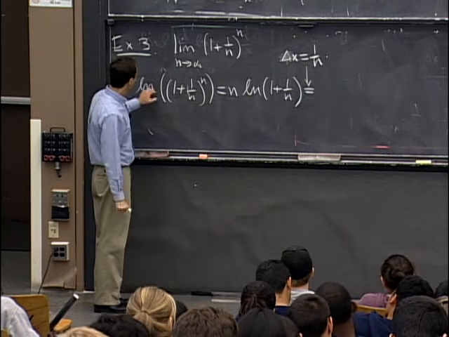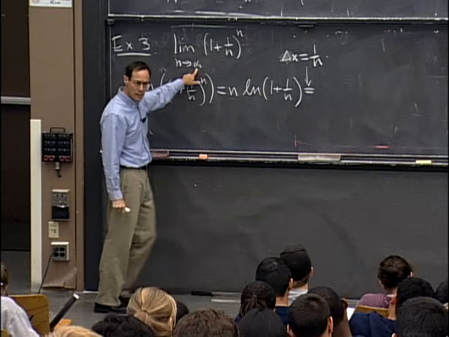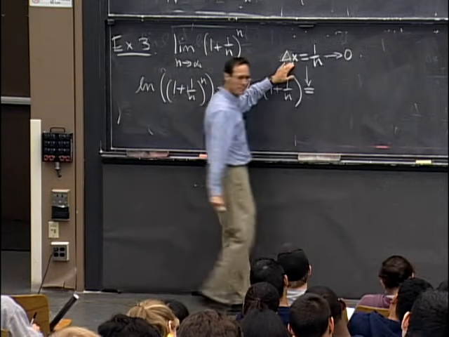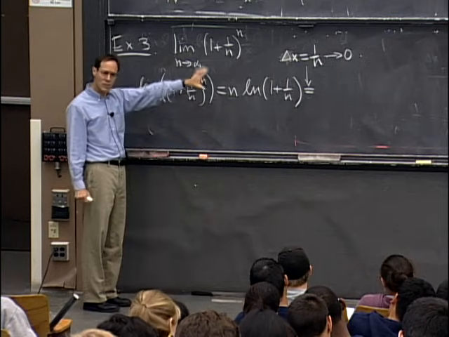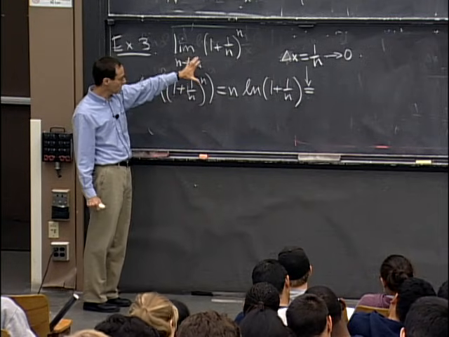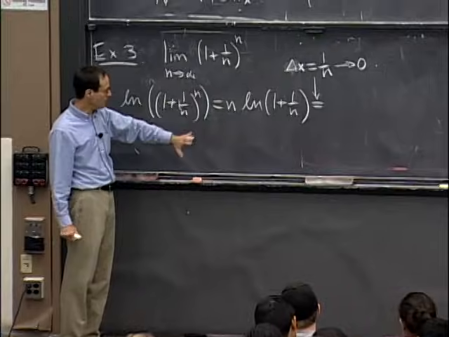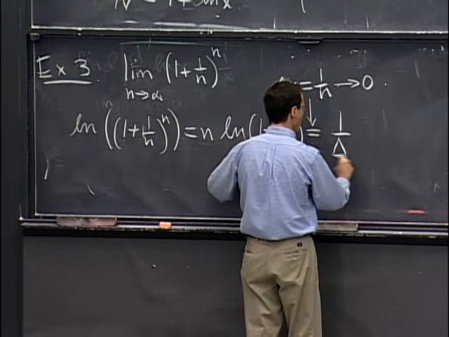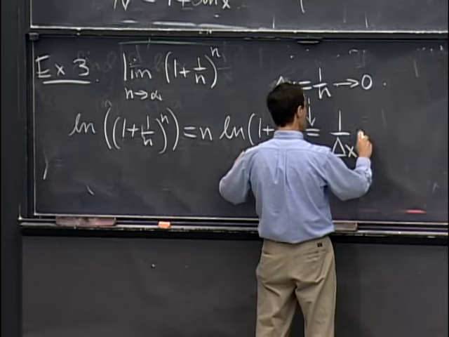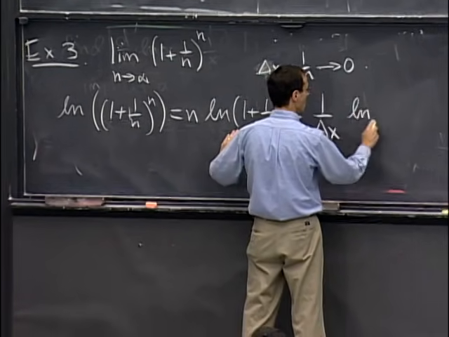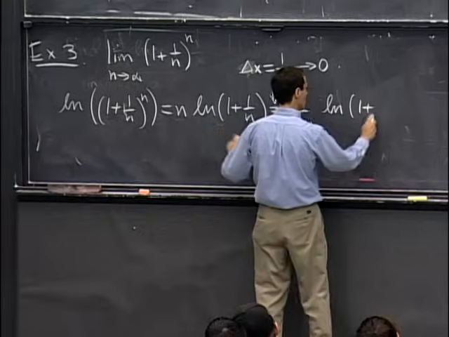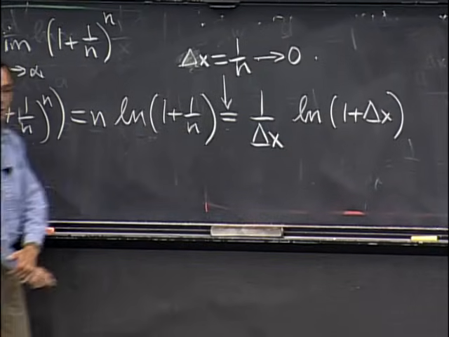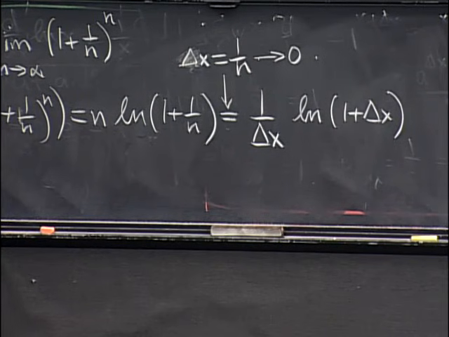So if n is going to infinity, then this delta x is going to 0. So this is more familiar territory for us in this class anyway. So let's rewrite it. Here we have 1 over delta x, multiplied by log of 1 plus delta x. So n is the reciprocal of delta x.